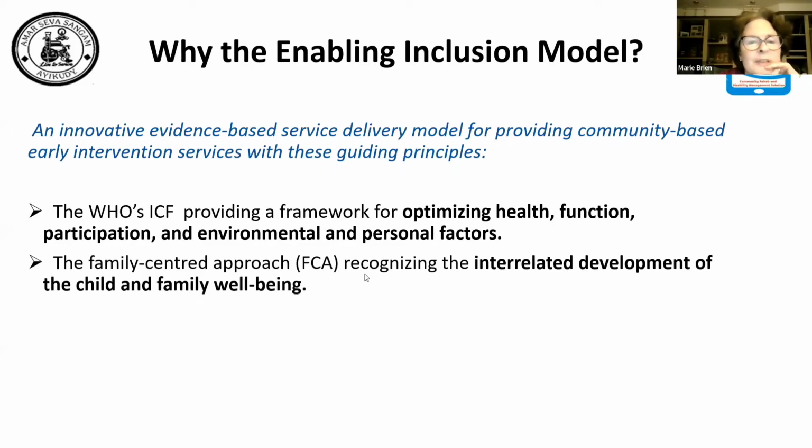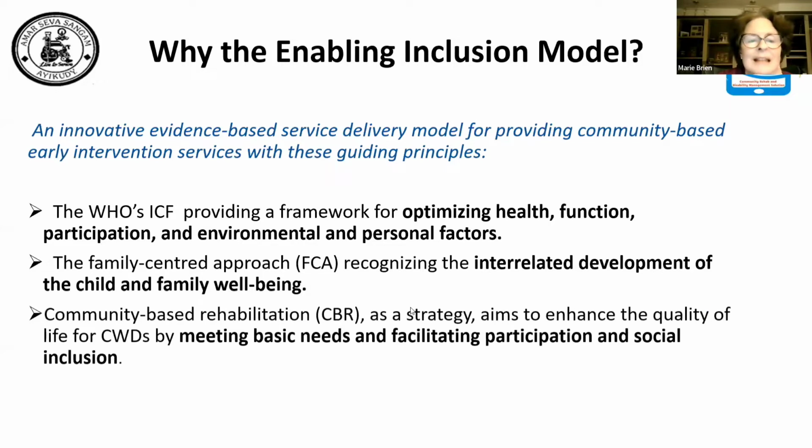We wanted also to have a model that included the family-centered approach, which recognizes that child and family well-being are interrelated. And lastly, it had to have the strategy of community-based rehab, or CBR, that aims to meet the basic needs of the child and family and also facilitates participation and social inclusion. So our model needed to have these three guiding principles.